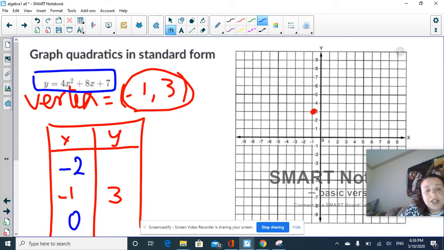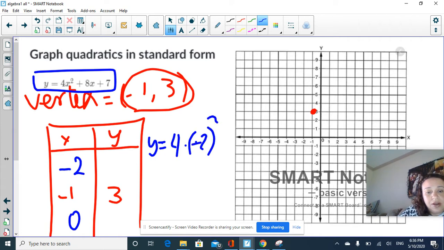Y equals 4x squared plus 8x plus 7. X equals negative 2. Plug in for x equal negative 2. Y equal 4 times negative 2 squared plus 8 times x. X is negative 2, plus 7.